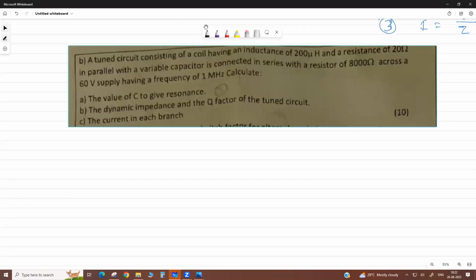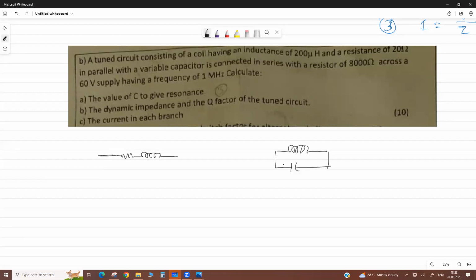So there was a coil. That coil is a practical coil, meaning it has a resistance and inductor. Across this coil there is an inductor, capacitor.